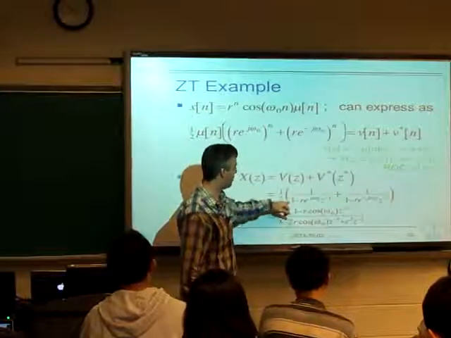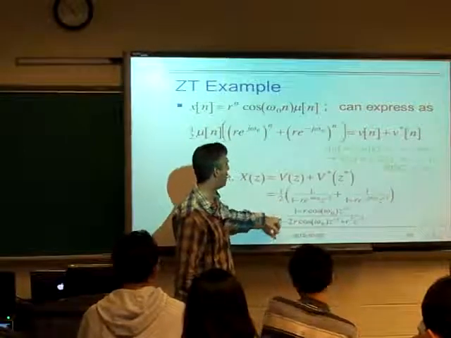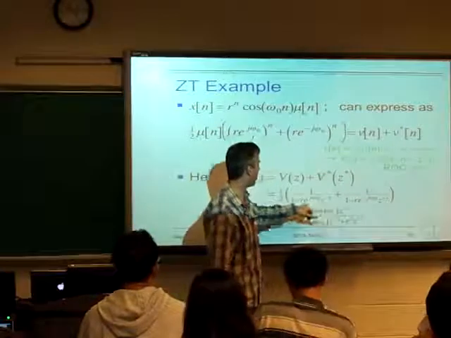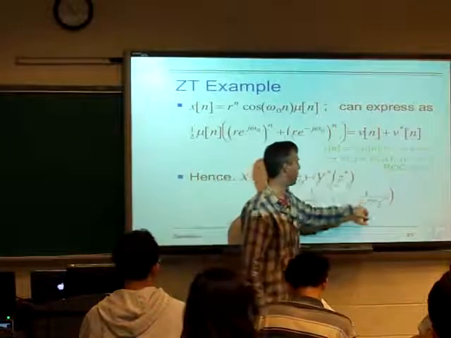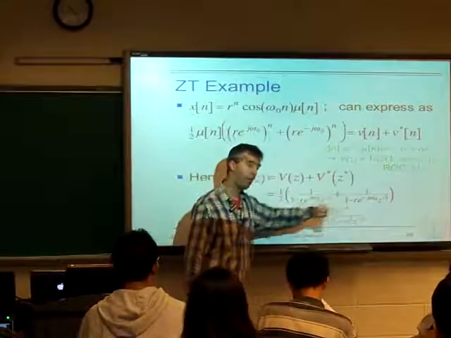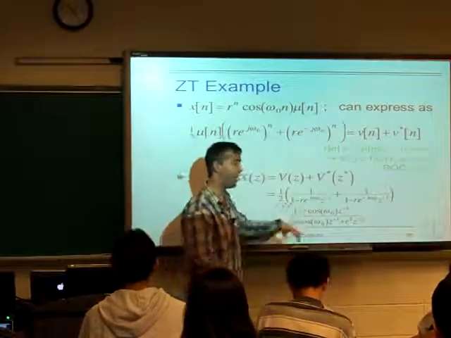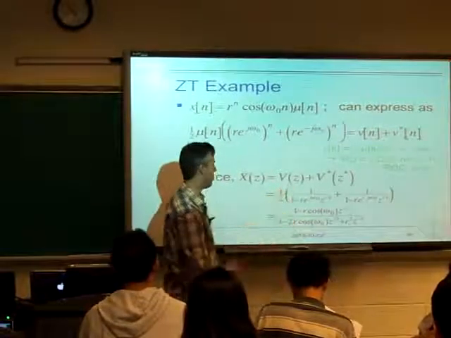This, by the way, shows us that this thing is in fact the polynomial whose roots are z equal r e to the j omega 0 and z equal r e to the minus j omega 0, which is what we said, the conjugate pole pair at r e to the j omega 0 at radius r and plus or minus omega 0 angle.